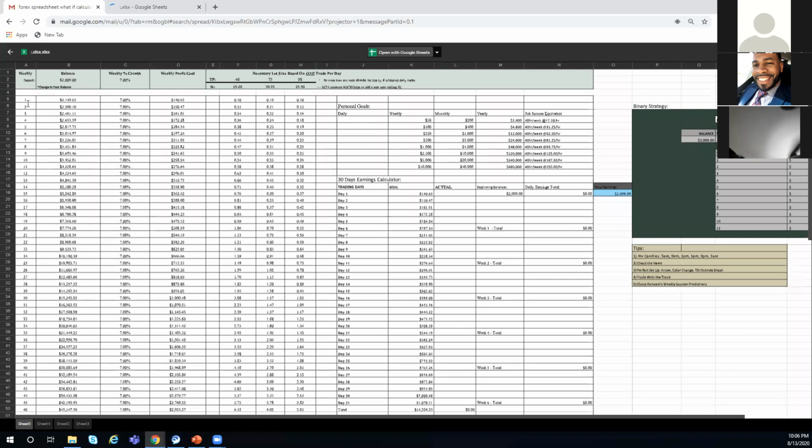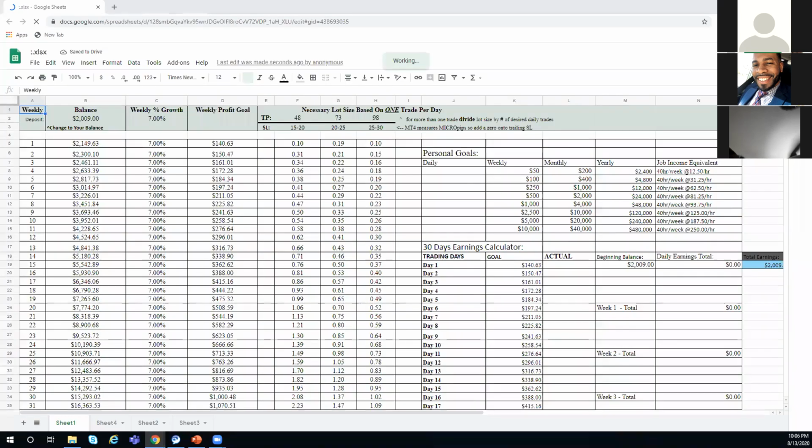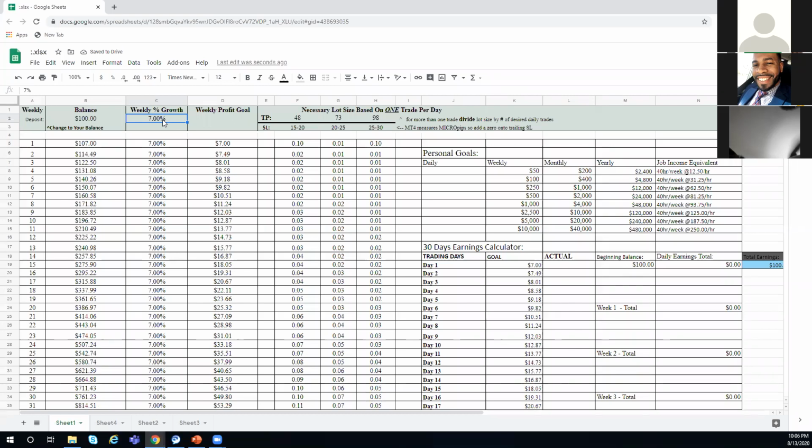Basically, it's just how you game plan what you want your money to look like. As we stated, let's say you are starting with $100, and your goal is 4%, whatever it is you want to be. Me, 4% a week, I think is phenomenal.